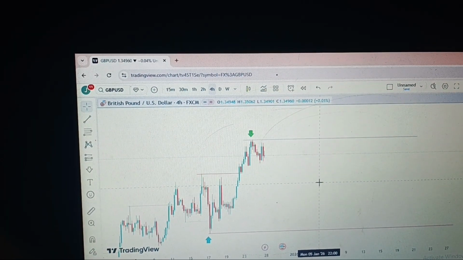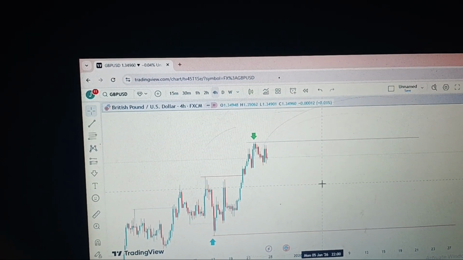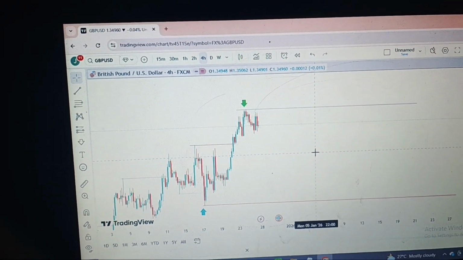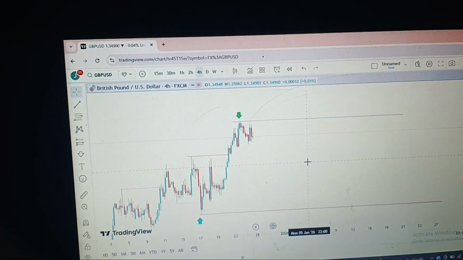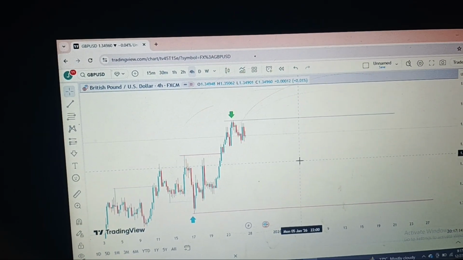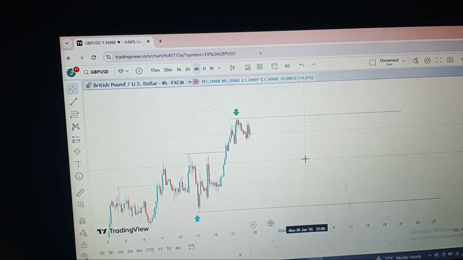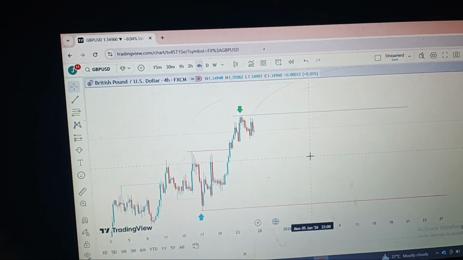Now the daily defines the weekly pullback. Are we together? The daily defines the weekly pullback. Now the daily is telling us that the weekly is pointing to the upside. Based on structural confusion, we can still say that the weekly is retracing. That daily pointing direction is a retracement, except it breaks a certain structural level.